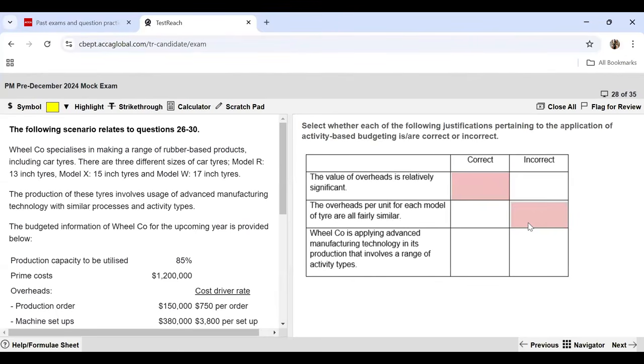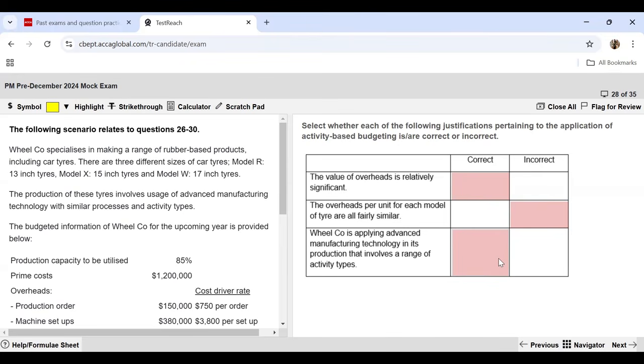Another thing is the third statement, wheel company is applying advanced manufacturing technology in its production that involves a range of activity types. So the statement has to be marked correct, and the reason is that there is going to be far more complexity in a modern work environment rather than a labor-intensive environment.